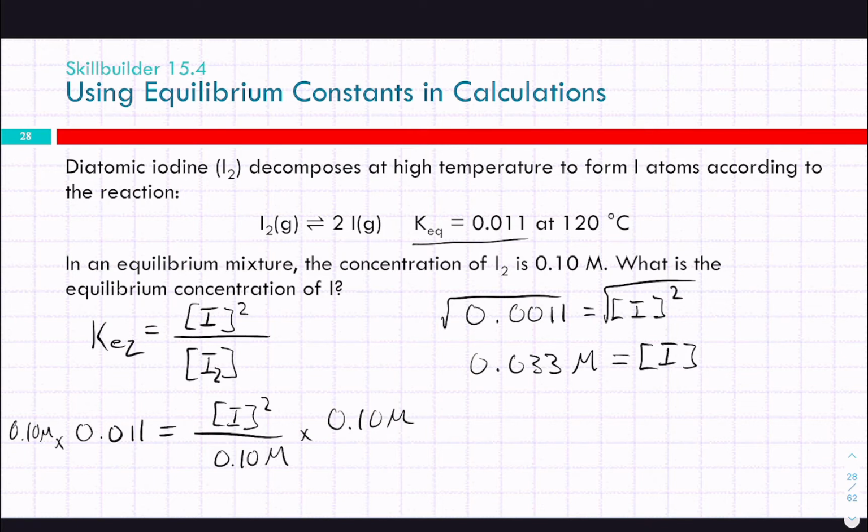There's another way you can do this. It means the same thing, but it's a little easier to see as a formula. Taking the square root of something is the same thing as raising it to the 0.5 power, or the 1/2 power. So we could also say this is 0.0011 raised to the 1/2, and this is I squared raised to the 1/2.